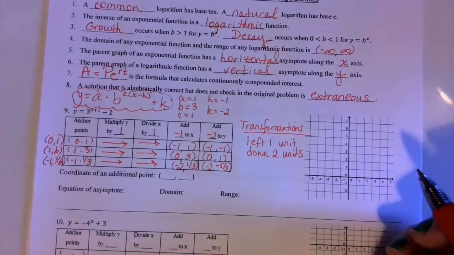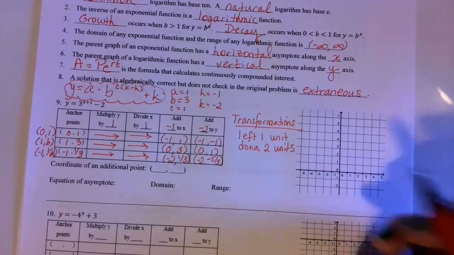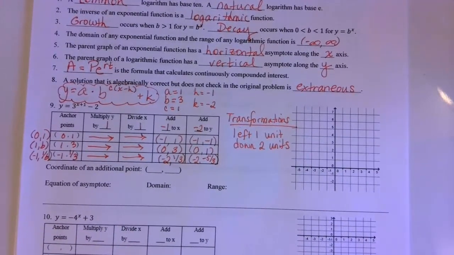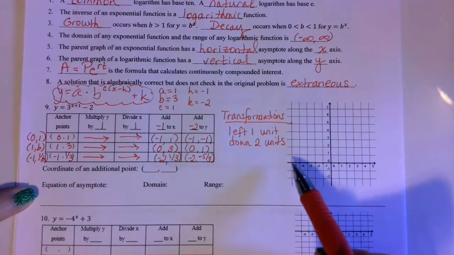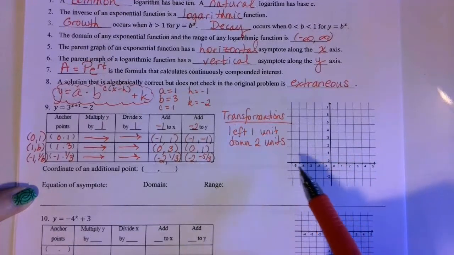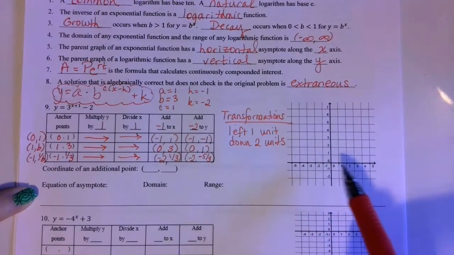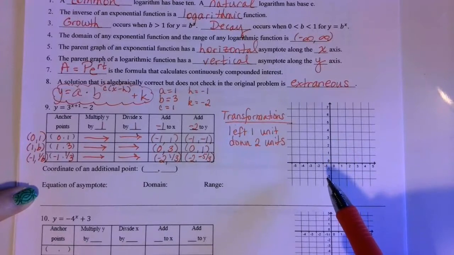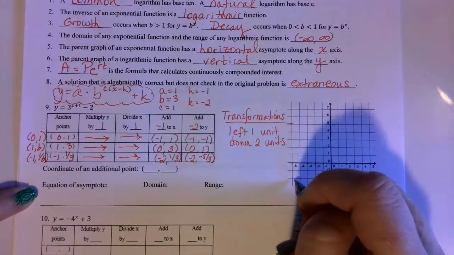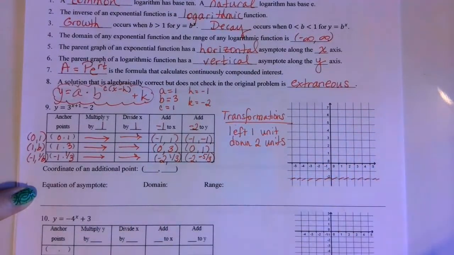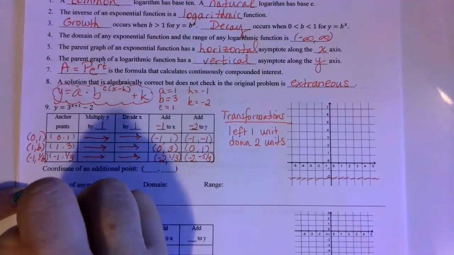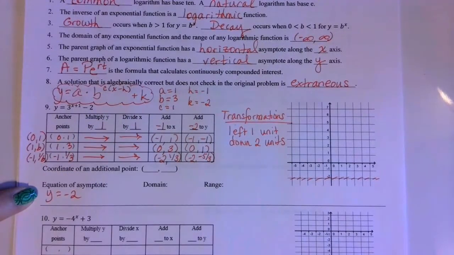Okay. And then we can go ahead and find the equation of our asymptote, which has to do with the k. Since it's a horizontal asymptote, it would normally be for the parent graph along the x-axis. This one's been moved down 2 units to be at negative 2. Okay, then y equals negative 2 is the equation of the asymptote.